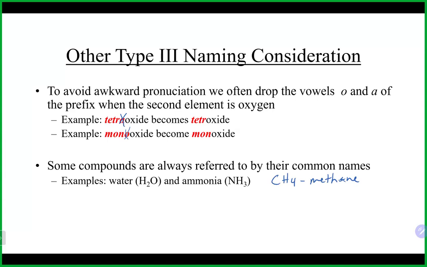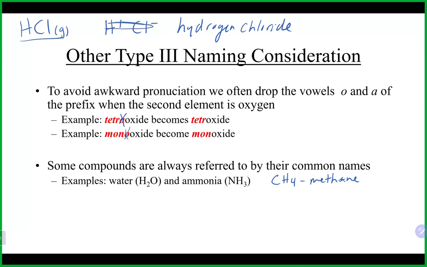So sort of an exception to that is if you had something like HCl, which is a gas, by the way, in this particular example. That is essentially thought of as being like H+ and Cl-, and we would just call this hydrogen chloride gas. Even though technically it's two nonmetals, we kind of think of it more like a type 1 compound.